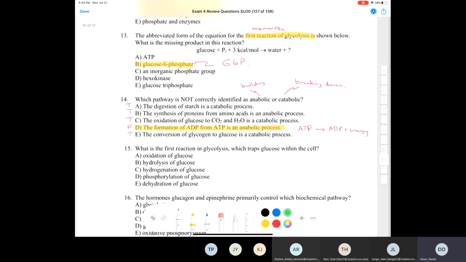So basically, when you add the phosphate group, we call that phosphorylation. And when you add that phosphate group, that's what traps it inside the cell. You might have had to pay close attention in the videos or in the textbook, in your reading, to get the answer to that one. But the answer is the phosphorylation of glucose is what traps glucose within the cell.